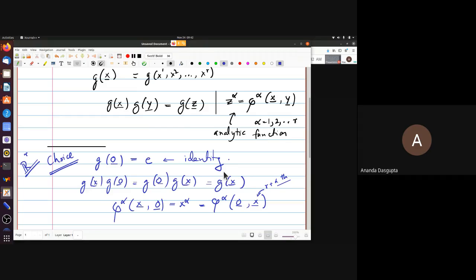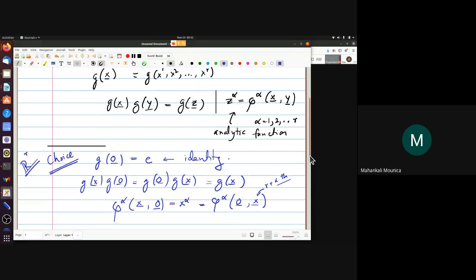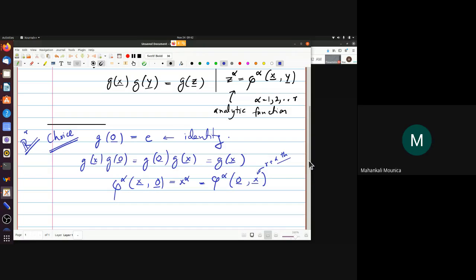I meant Z alpha originally when I talked about this, but that was when I put in arbitrary x and y. Here, if I am putting x and 0, I am bound to get back x. That's a basic group theoretical aspect creeping in. That identity always gives you back whatever you had. Sir, what did you mean by the R plus alpha term? So I'm saying R plus alpha is the argument of the function phi alpha.